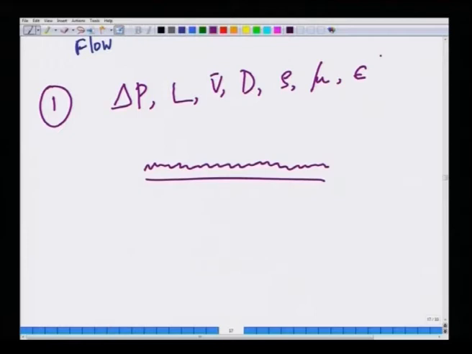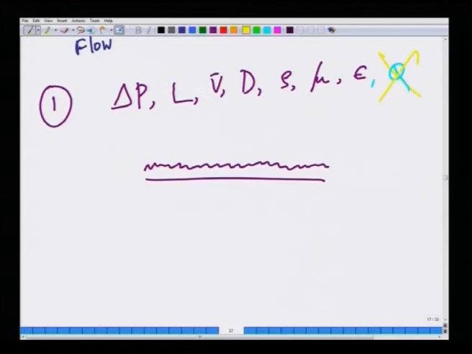I am not writing Q because Q is the volumetric flow rate, which is related to the average velocity and the diameter of the pipe in a trivial way. So, you cannot overcount variables like that, because once you have included average velocity and the diameter of the pipe, the volumetric flow rate is simply a dependent variable on these two.